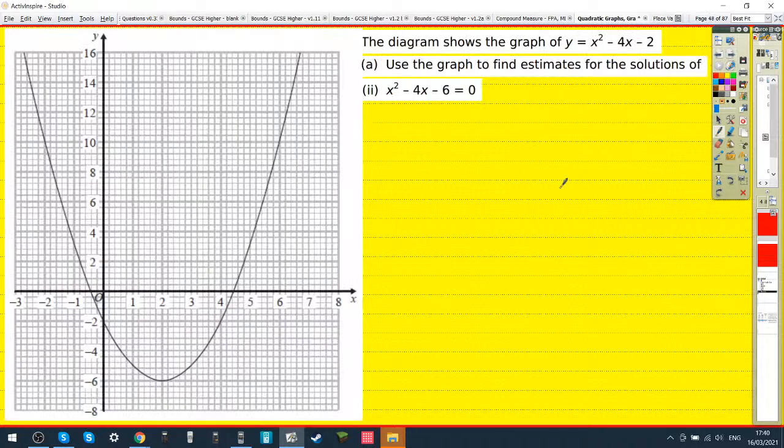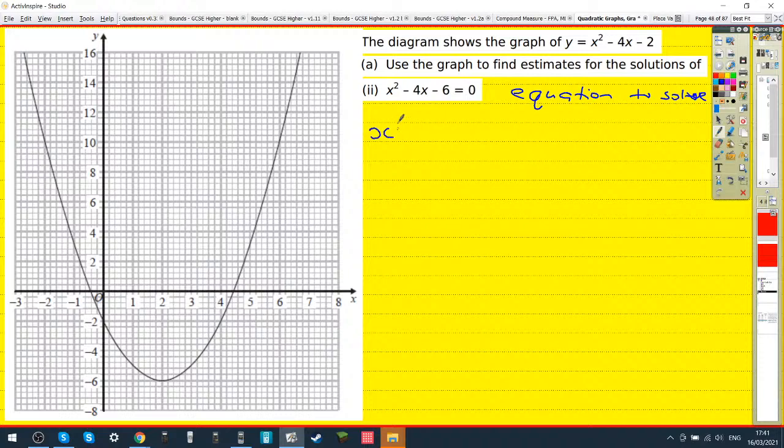Okay, how about this? Use the graph to find estimates for the solution. So how would I do this one? This is the equation you have. Change it into the graph. So the equation you need to solve, change it into the graph you have.